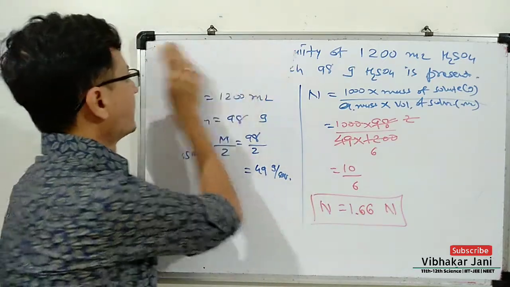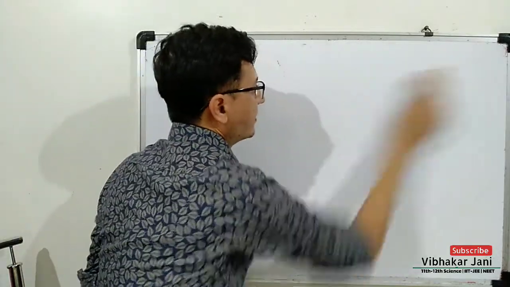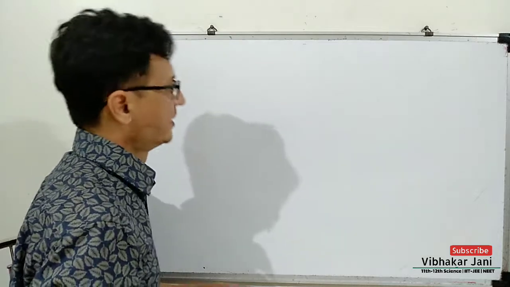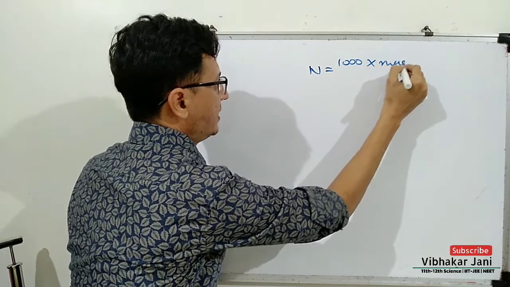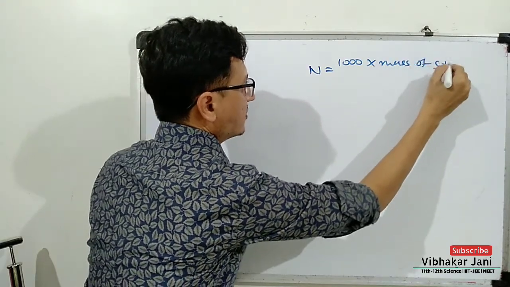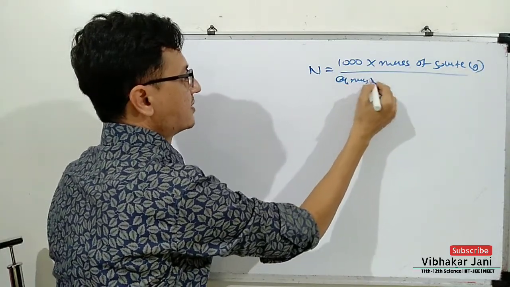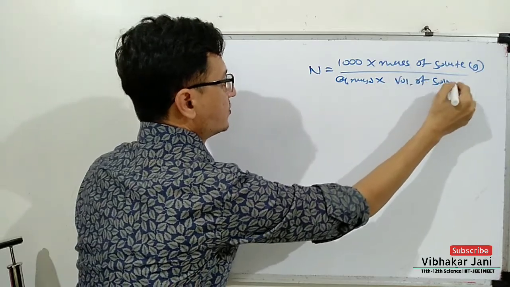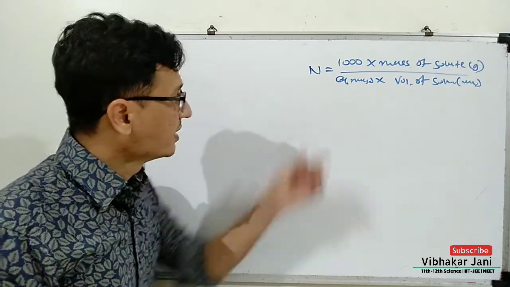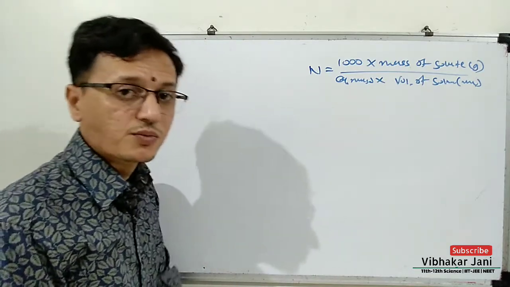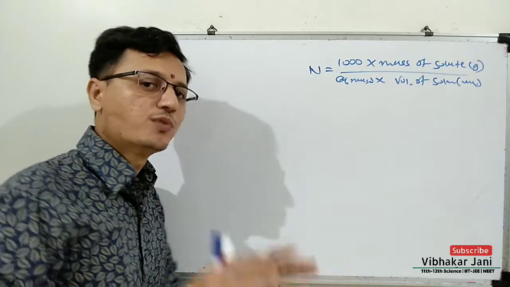Okay. Now, this is our formula of normality. We will write it again. Normality means 1000 multiplied by mass of solute in gram upon equivalent mass multiplied by volume of solution in milliliter. Now you know that the formula of equivalent mass is equal to molecular mass divided by X. This was the formula for equivalent mass for different substances.